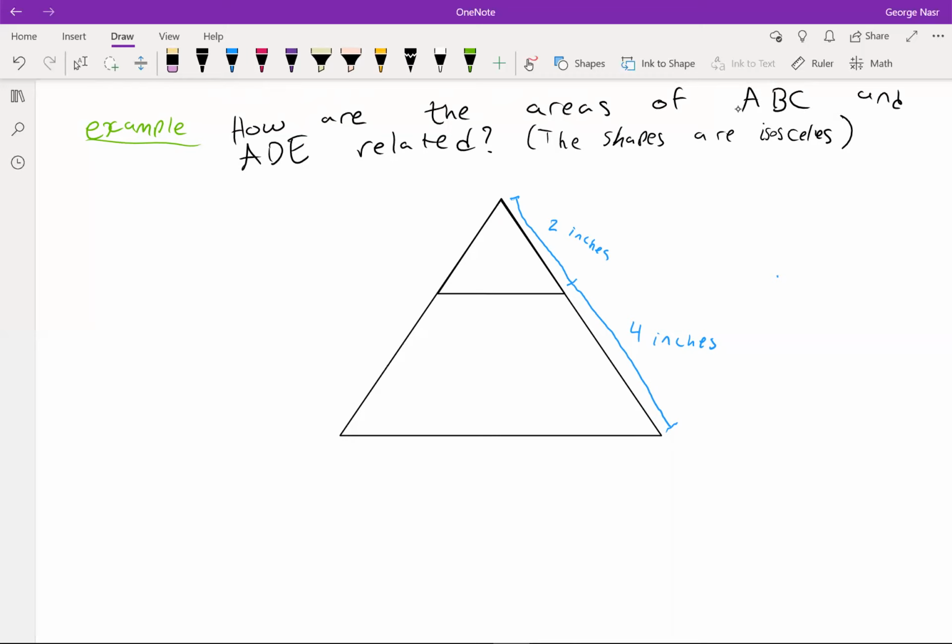But I want us to not do that. Oh, and also, if I'm going to call these ABC and ADE, I may as well actually have labeled them. There we go. So how is the area of these triangles related?